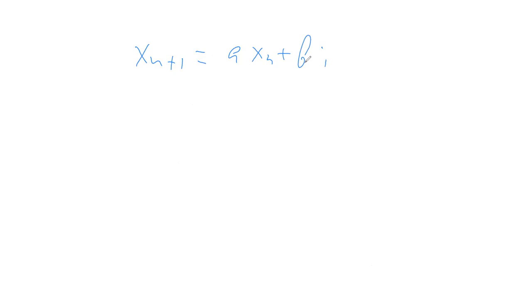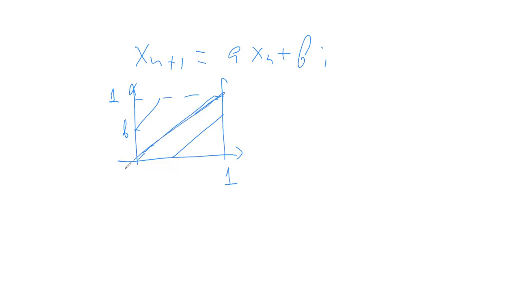If b equals 0, we already considered, but if b is non-zero, for example, this is b, then it will be something like this. There may be fixed points, or there may not.